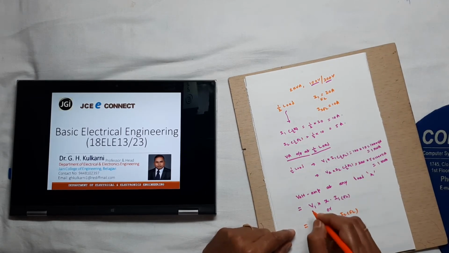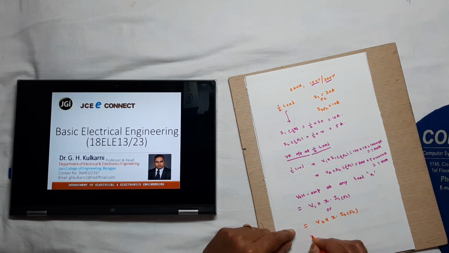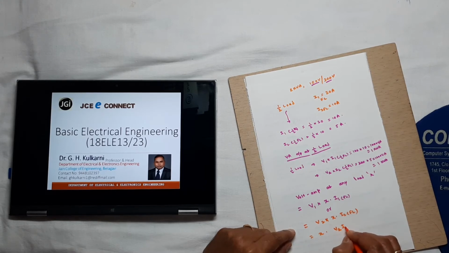Just you have to look into these two equations. Just I am taking X outside, then what we are getting is V2 and I2 full load. What is V2I2? V2I2 is nothing but volt ampere of the rated transformer. Therefore, it is X times the volt ampere rating of the transformer.